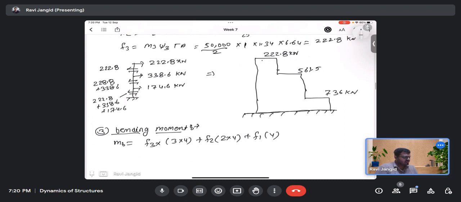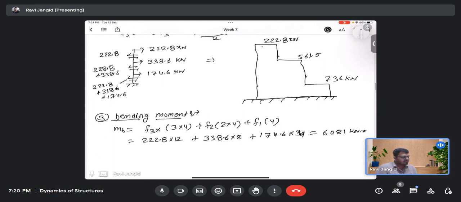This is for the base moment. So how much is F3? That is 222.8 into 12. F2 is 338.6 into 8, plus F1 is 174.6 into 3. Not 3, it is 4. Okay, so if you do that, how much moment am I getting? I'm getting 6081 kilonewton meter.